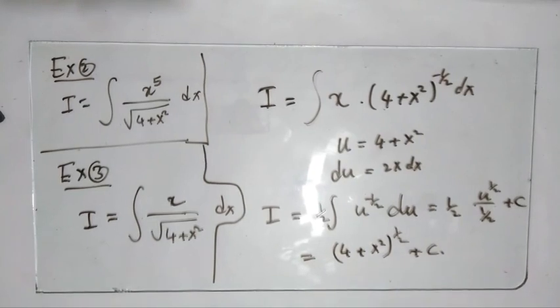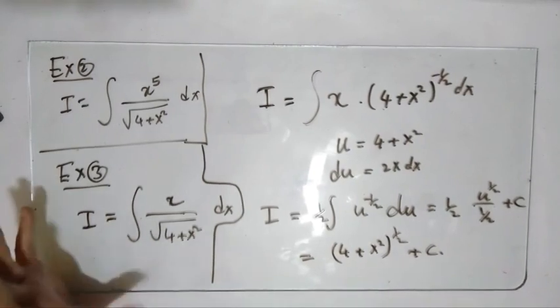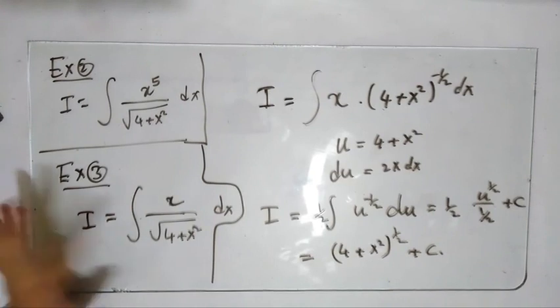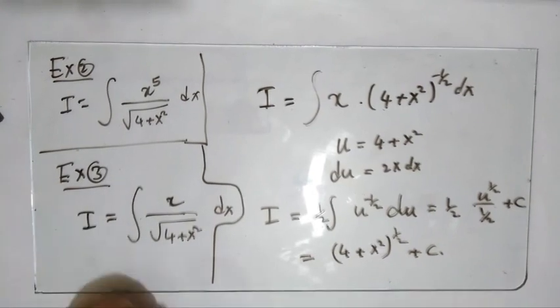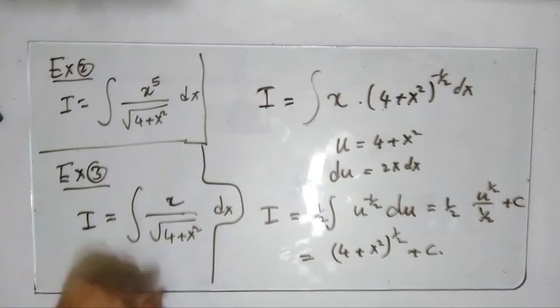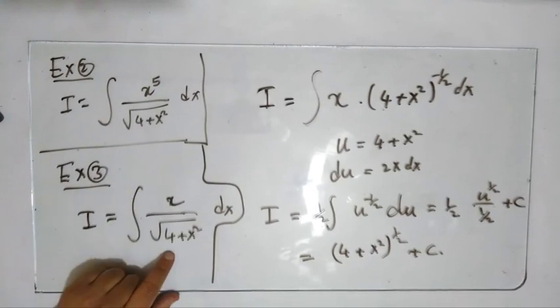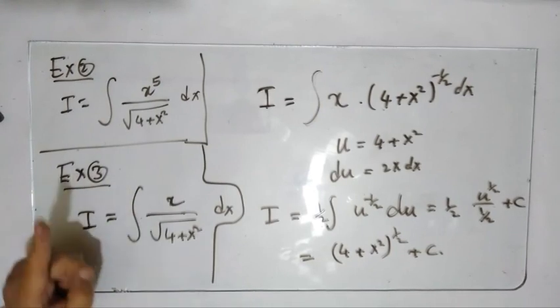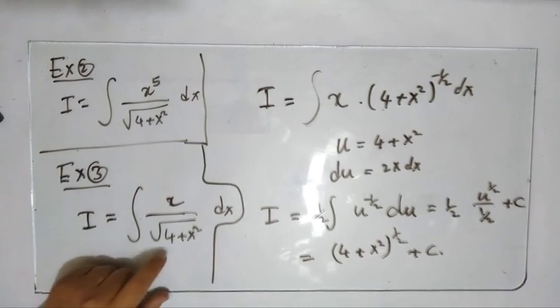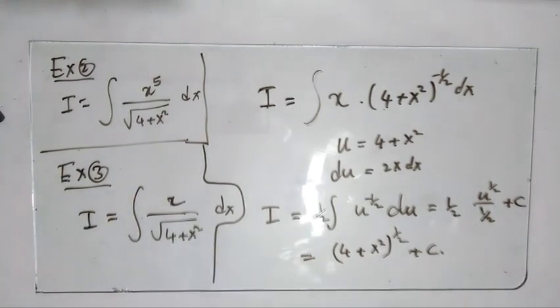Okay, so sometimes you don't actually need the trig substitution for an easy example like this. So don't make it more complicated. If you know a better substitution than the trig substitution, use it. Sometimes it's just one or two lines.